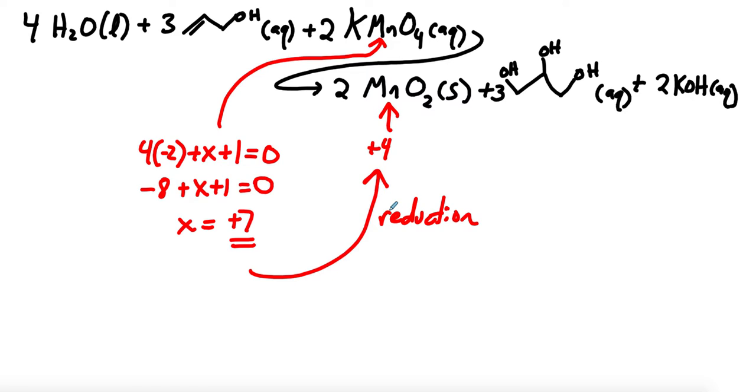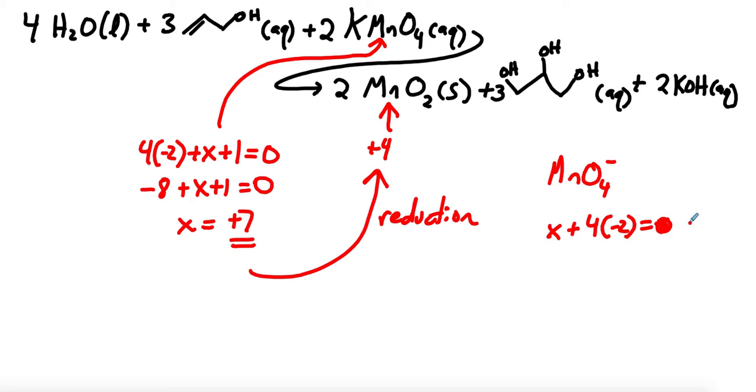Incidentally, notice we could get the same information if we split up our potassium permanganate into potassium ion and permanganate ion. Because if we look at this ion, we've got X. We're adding 4 oxygens to it. Each one's -2. And we can see that has to equal not 0, right?